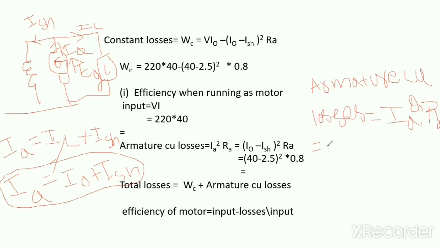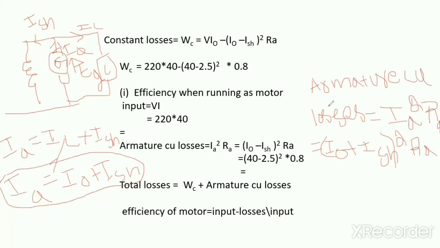Substituting, armature copper losses is equal to (I naught plus ISH) whole square into RA.